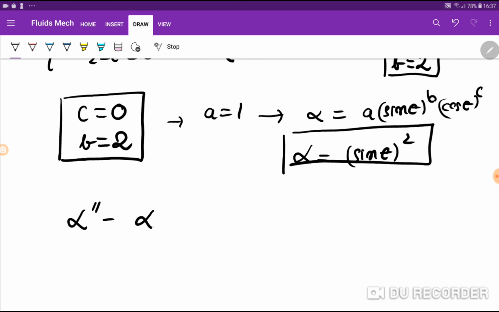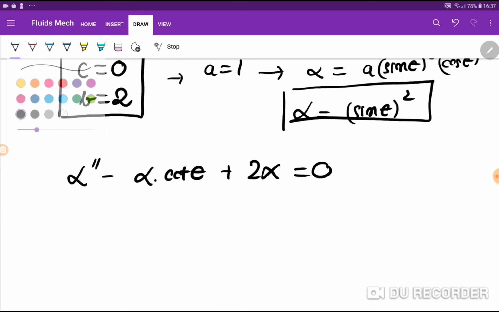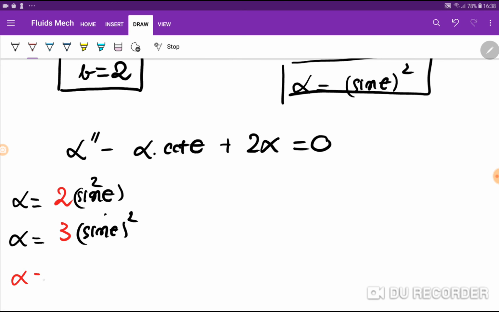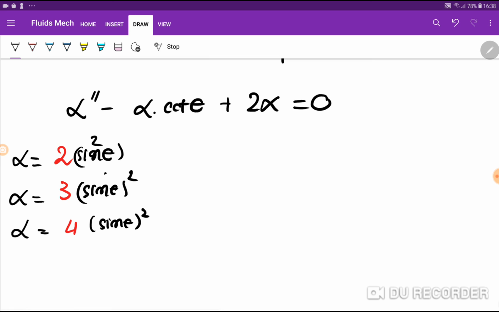Okay, I want you to plug in 2 sine theta square, alpha equal this, alpha equal 3 sine theta square, alpha equal 4 sine theta square, and then alpha equal to k times sine theta square.